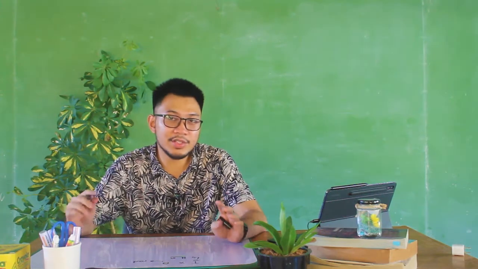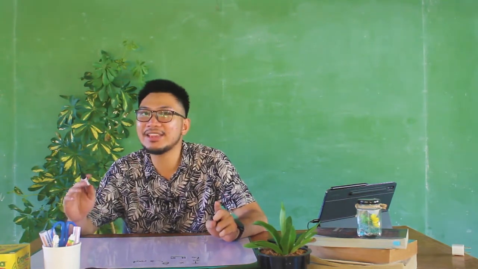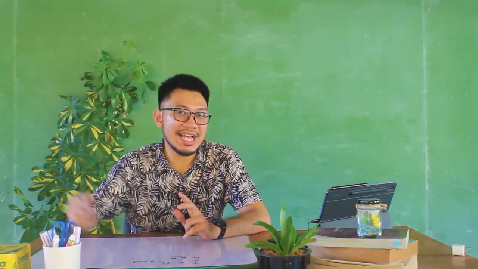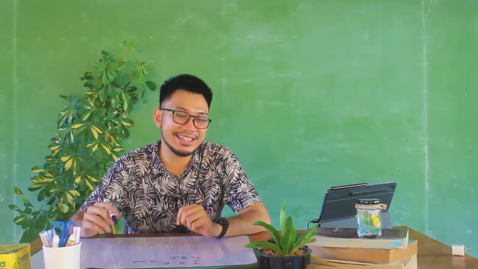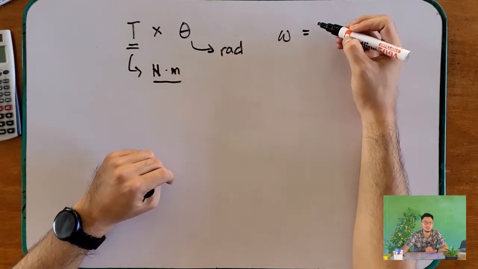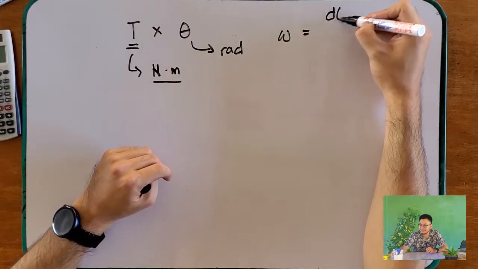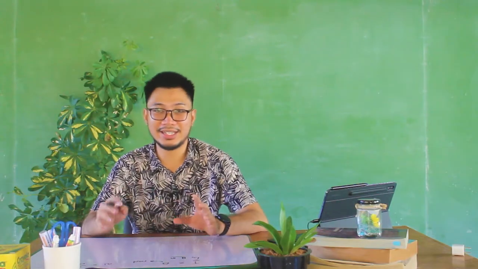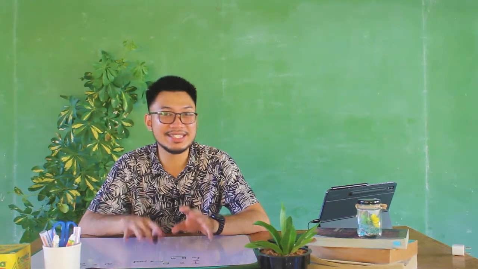Okay? So therefore, at an instantaneous time dt, a torque is applied to a shaft and the shaft rotates at an angle of d theta, so the angular velocity will be equal to d theta over dt. Right? When we say velocity, it is like distance over time.